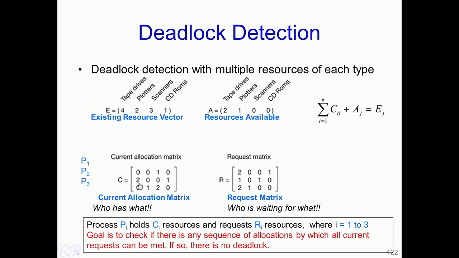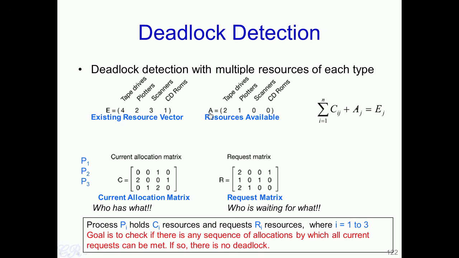Similarly, process 2 is allocated 2 tape drives and 1 CD-ROM, and process 3 is allocated 1 plotter and 2 scanners.